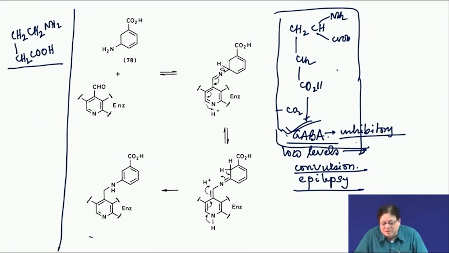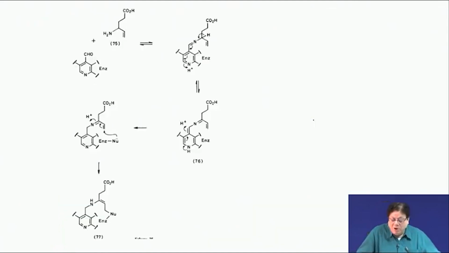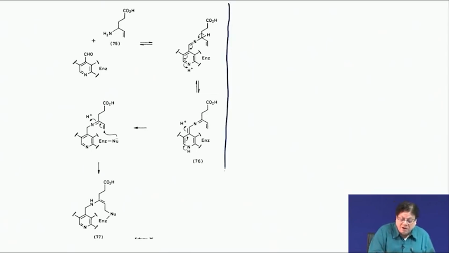Then you have GABA, whose formation is controlled by glutamate decarboxylase, but the question is how it is degraded. Before we go on to any medicinal aspect, because obviously, if you can increase the concentration of GABA, that is going to act as an anti-epileptic agent, the question is how GABA is degraded.